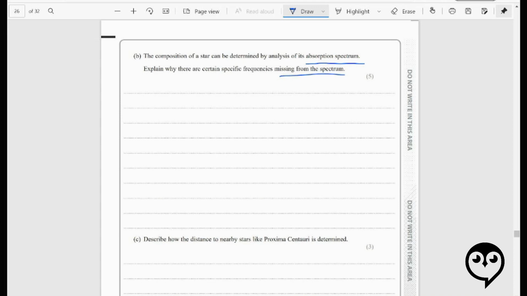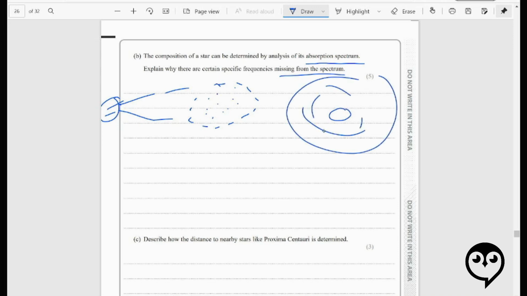Okay, well let's say we've got a light source. We've got a sun, and it's going to be giving out a whole spectrum, and there's a cloud of gas along the way. Some of the gas atoms will be absorbing energy at certain wavelengths, and we know that if you've got an electron here, if it absorbs a certain wavelength of energy, a certain frequency, it will have the exact amount it needs to be promoted into an excited level.